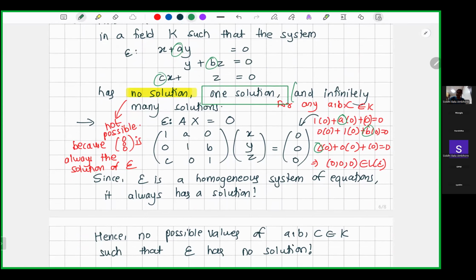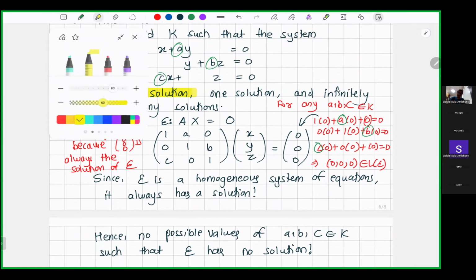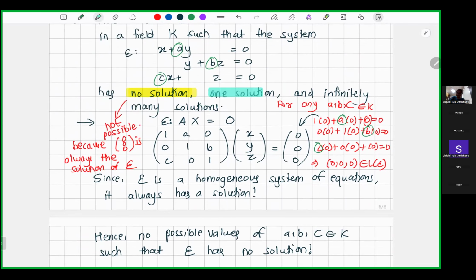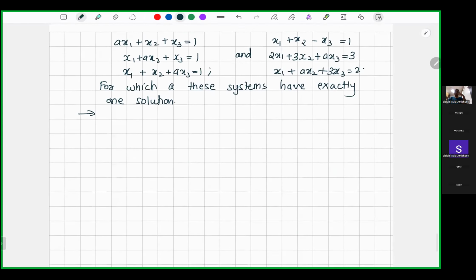This one and this one, one solution and infinitely many solutions, are possible only in this case. I hope now it is clear. So a system of equations, when homogeneous and non-homogeneous, works differently and behaves differently.